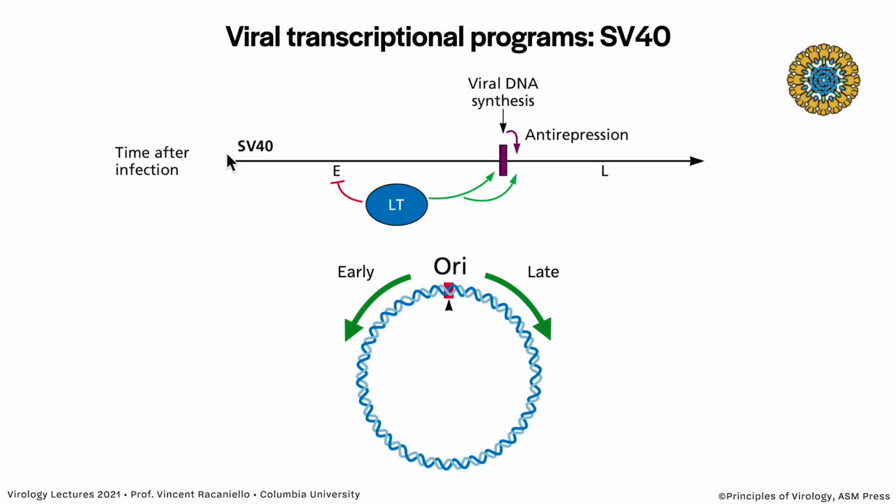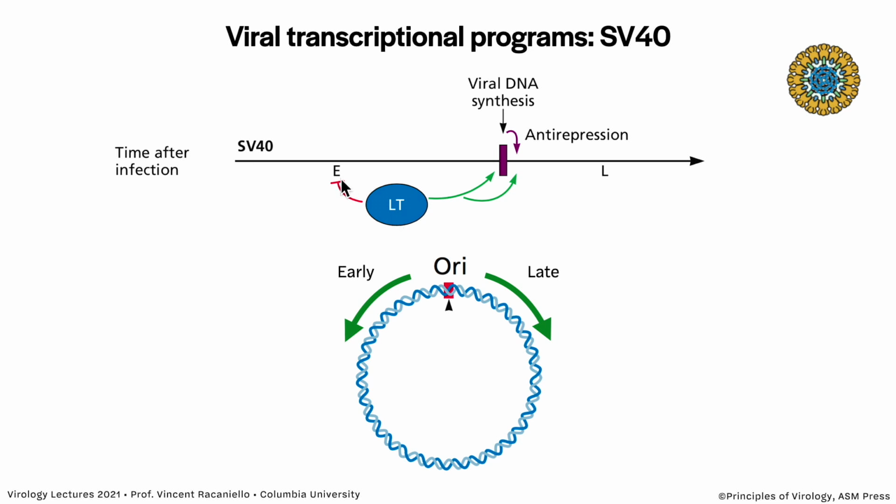You infect cells with SV40, and from left to right, the infection is proceeding. When the viral DNA gets in the nucleus, the first mRNA that's made is made from the early promoter. The late promoter is silent initially, and we'll see why in a moment. The early promoter, that's what E stands for, is active, and you get synthesis of eventually a protein called large T antigen, LT.